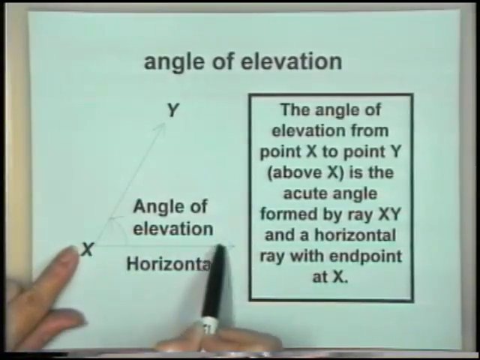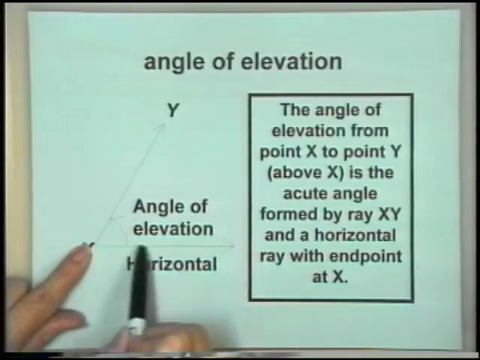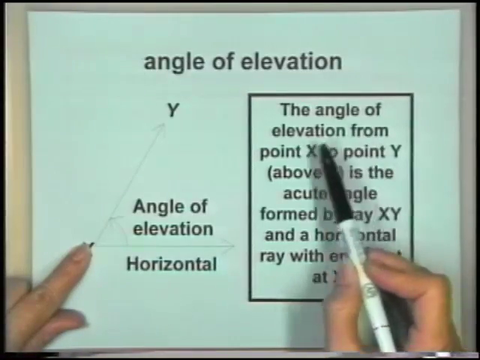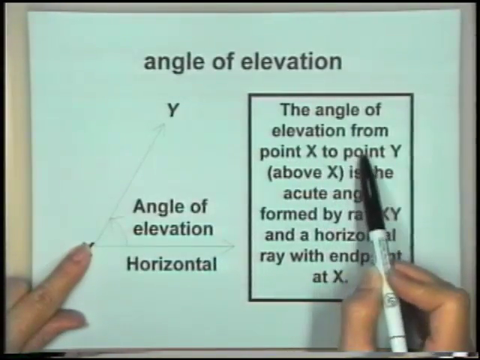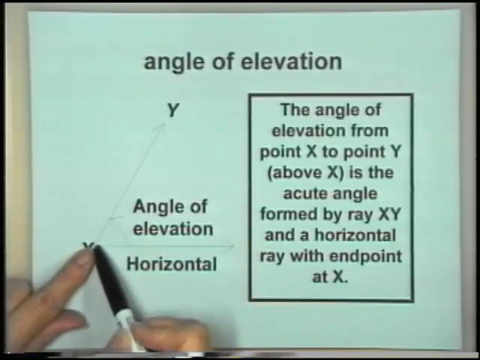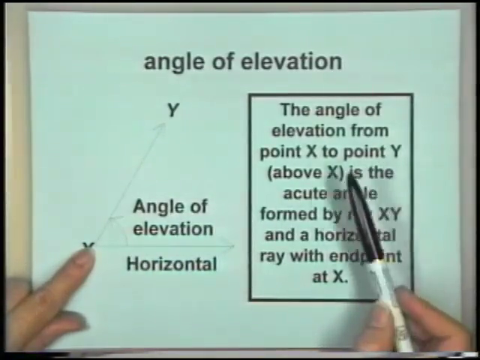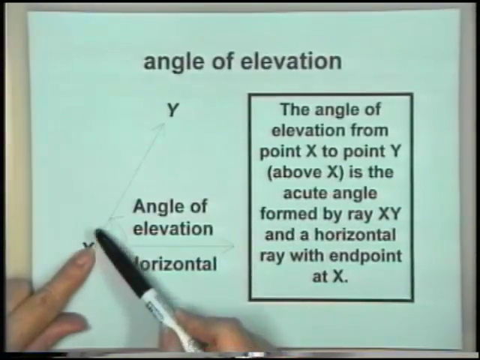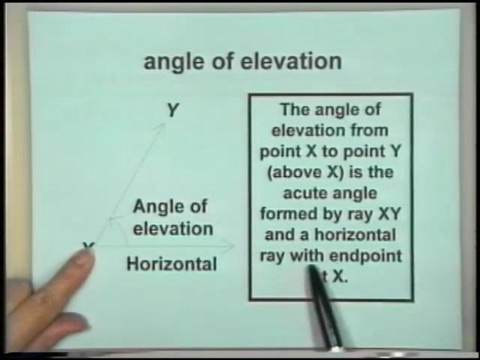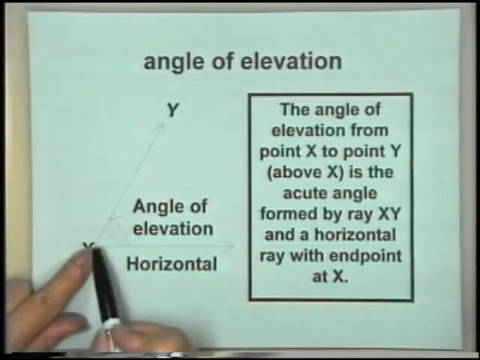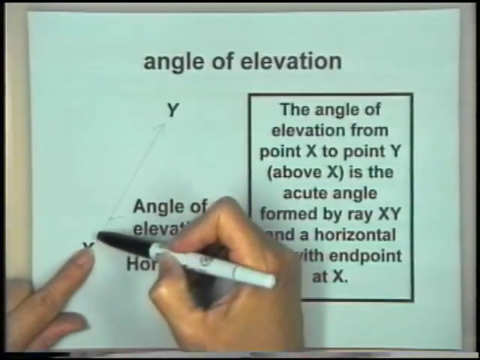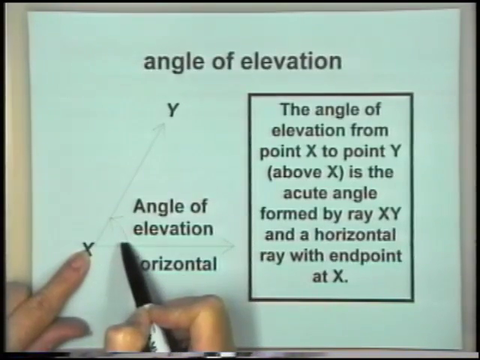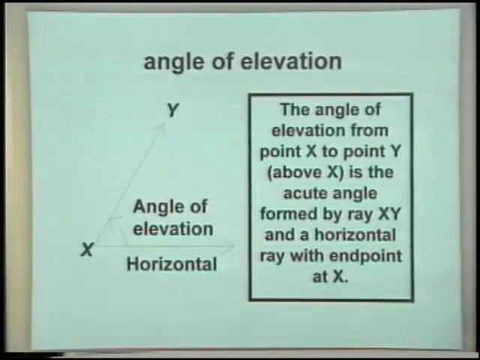And we relate that angle to the horizontal. If this was the ground, this would be considered the horizontal. We define the angle of elevation from point X to point Y. That's important. From here to here, as the acute angle formed by the ray X, Y, and a horizontal ray with endpoint at X. So here's your horizontal ray, there's your ray X, Y, and so this would represent the angle of elevation.